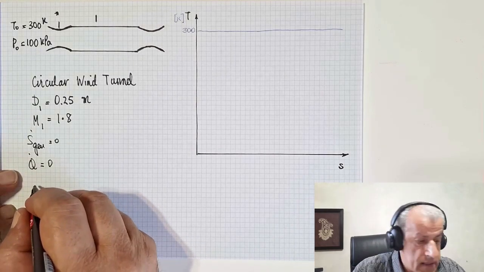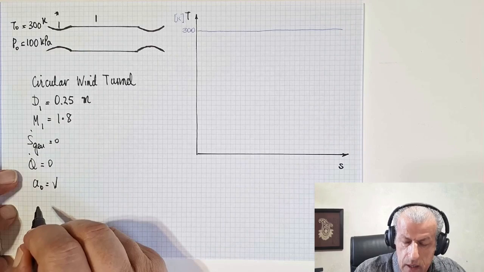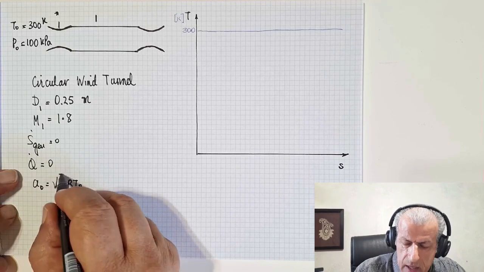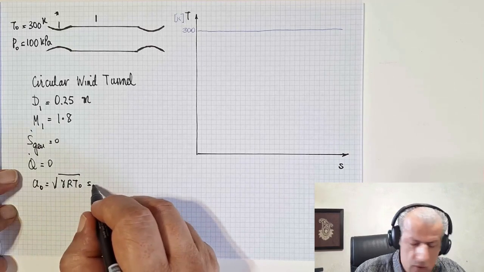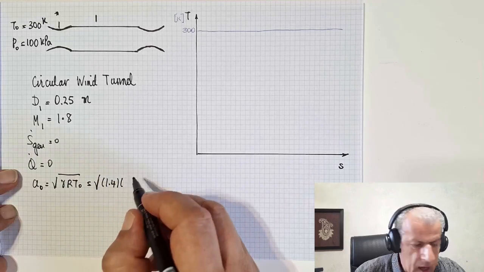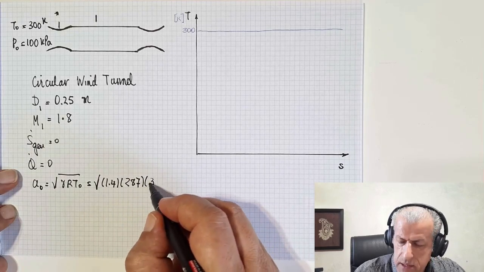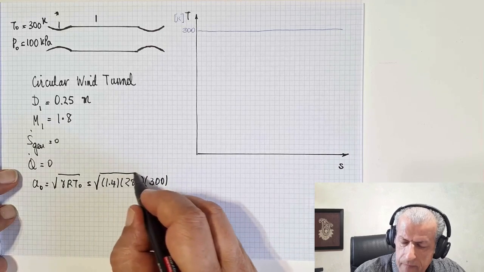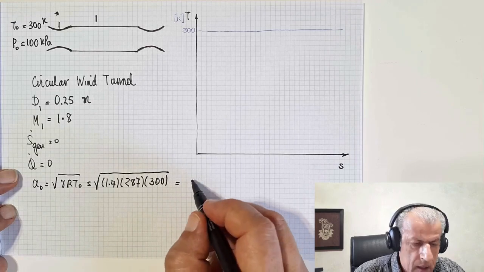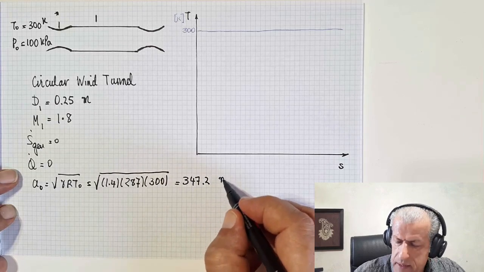That is, A0 equals square root of gamma R T0, and that equals square root of 1.4 times 287 times 300, and the speed of sound here would be 347.2 meters per second.